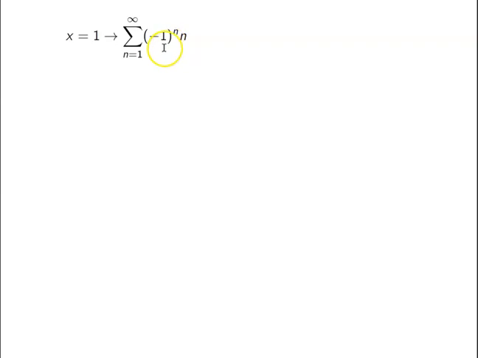It's very easy to see that this just alternates positive, negative, positive, negative, but the n just grows in value. So I bounce around 0, but I get bigger and bigger, right? So 1 above, 2 below, 3 above, 4 below, and so forth. So I'm just bouncing away more and more towards infinity in both directions, which is divergent, right?